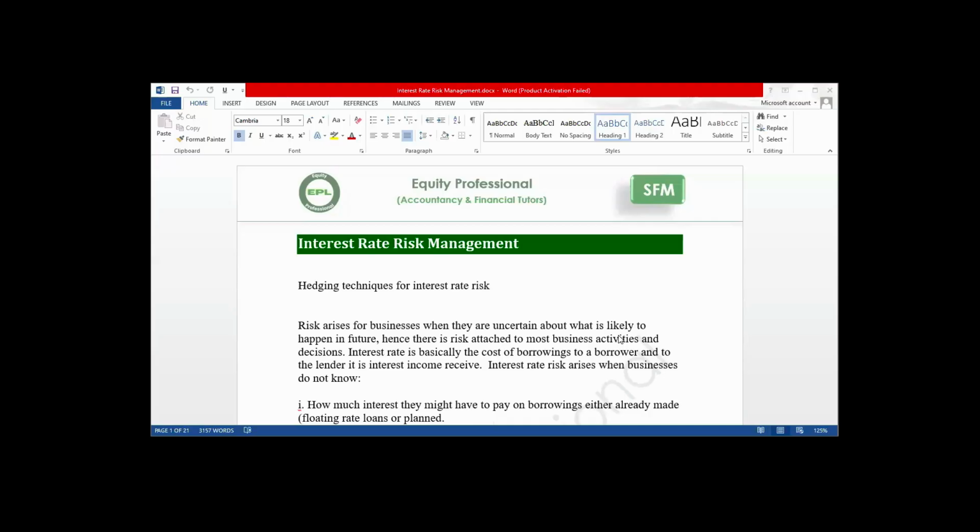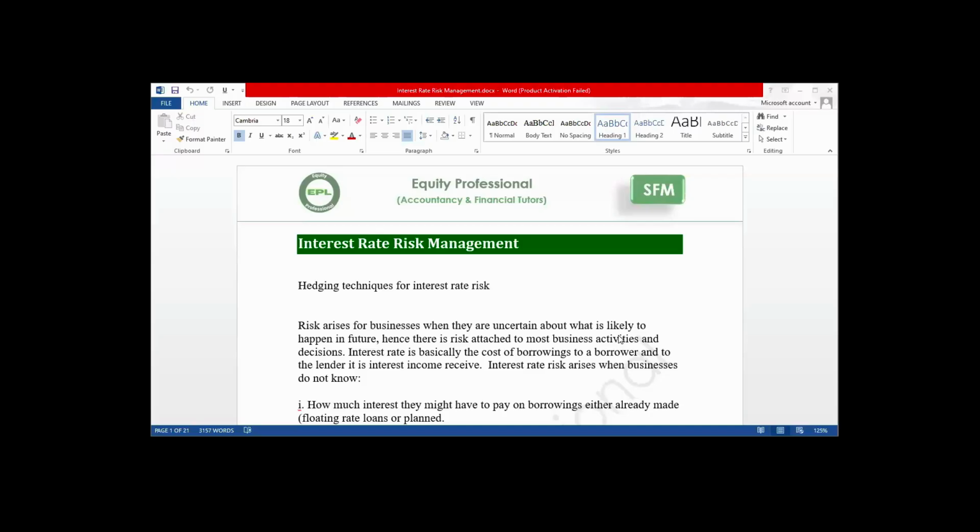Now let's discuss interest rate risk management. At the start of this topic, risk management, we explained that we have two subtopics.